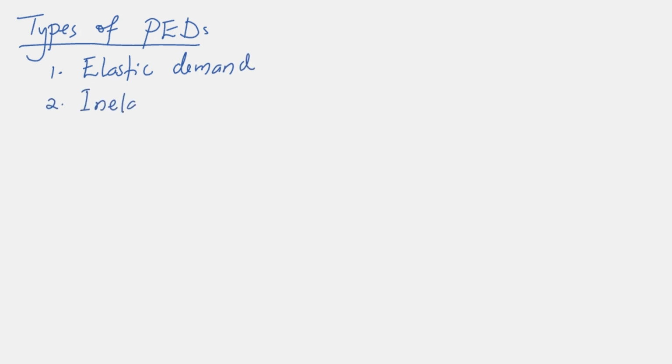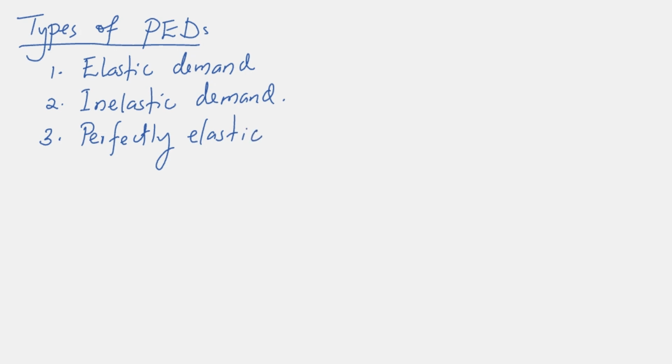So types of PED, we say that we have 5 types of price elasticities of demand. One is simply an elastic demand or price elastic demand, which is when the PED is more than 1, ignoring of course the negative sign. We have inelastic demand where the PED is less than 1, ignoring the negative sign.